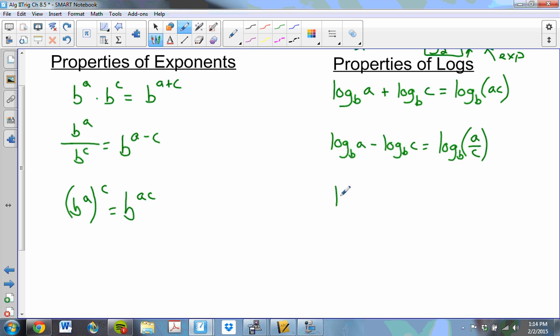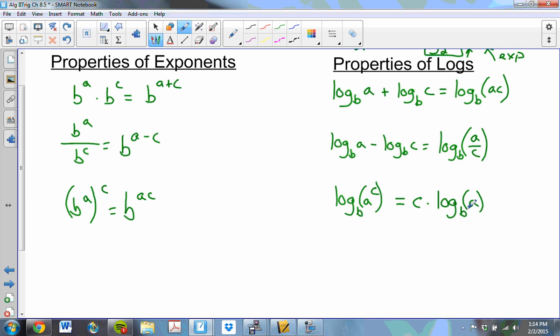It would be log base b of a to the c. This now has a subscript and a superscript, which I get is annoying, but you can live with it. If you'd like, I can write it like this. This is the same as c times log base b of a.